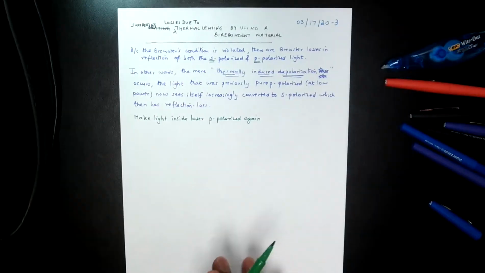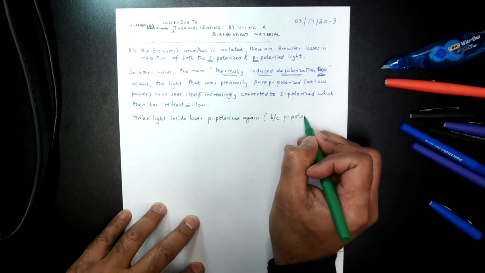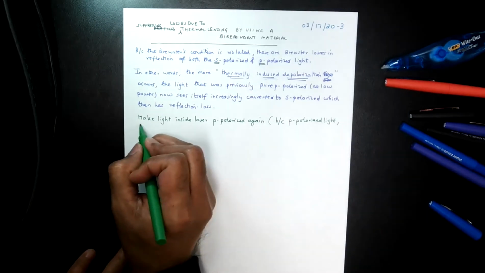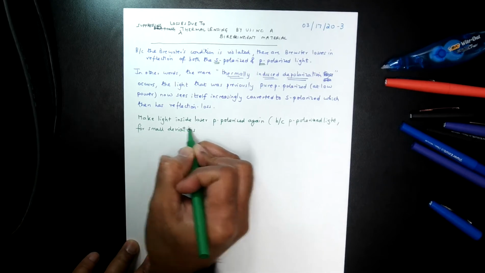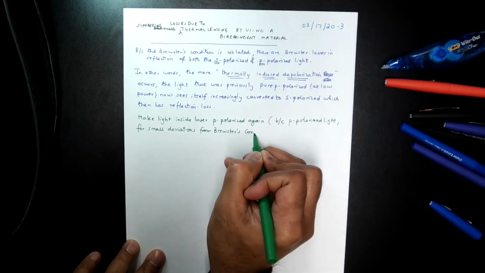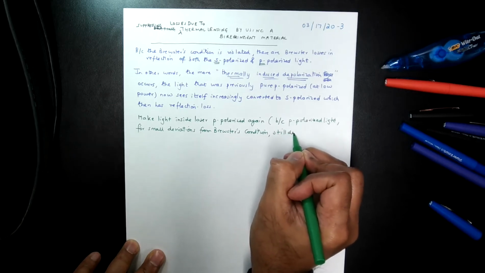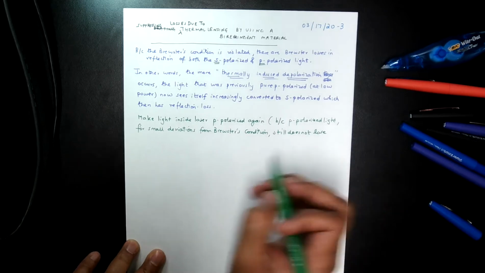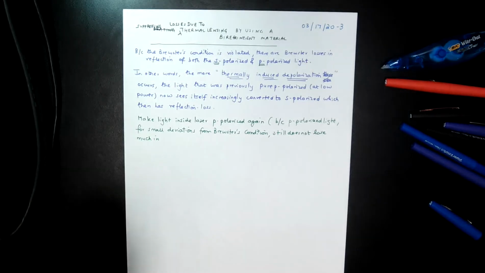Okay, so make light inside P polarized again, because P polarized light for small deviations from Brewster's condition still does not lose much in reflectivity, right?